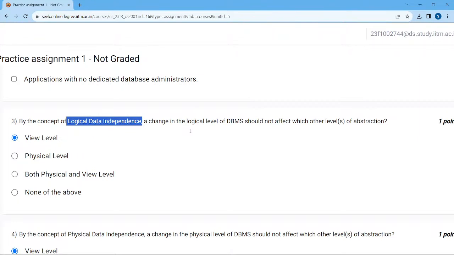Changes made in any lower level would not affect any of the upper levels. Any change made in the physical level won't make a change in the logical level or the view level. If a change is made in the logical level, it won't affect the view level.